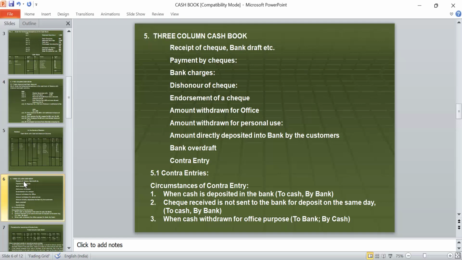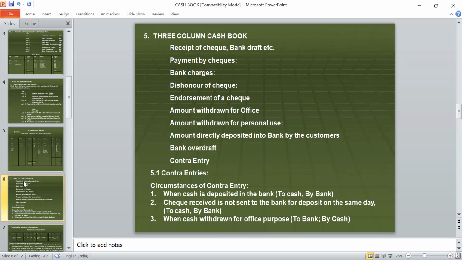Actually, it contains three columns for amount on both debit and credit side. The three columns are: one is cash column, second one is bank column, third one is discount column. Once again, I repeat, three columns are required in triple column cash book: cash column, bank column, discount column.